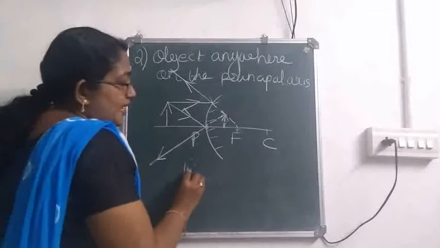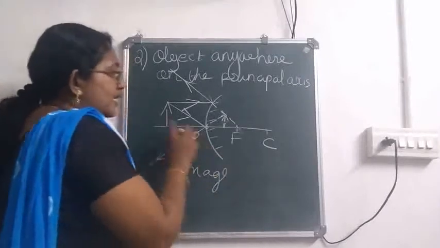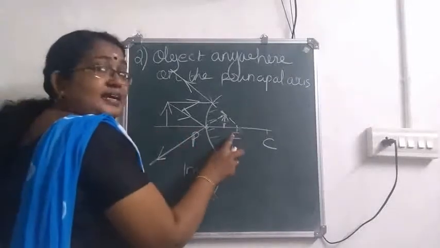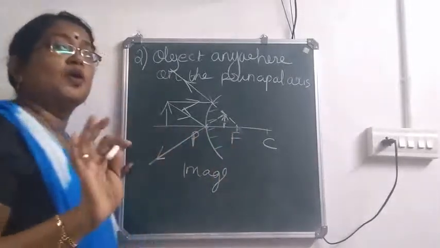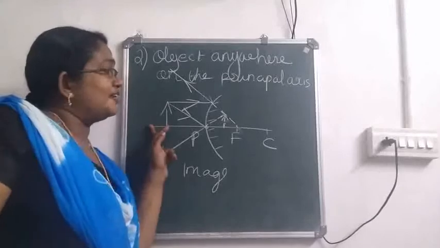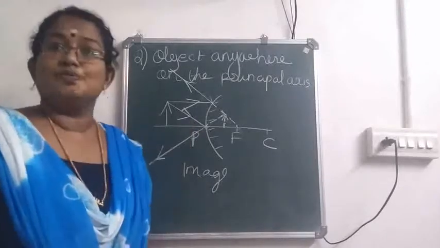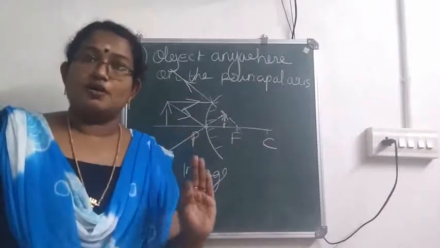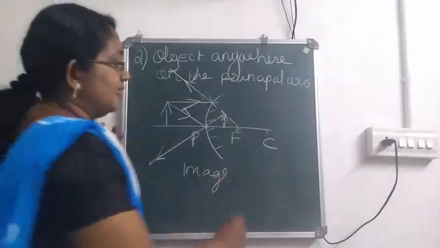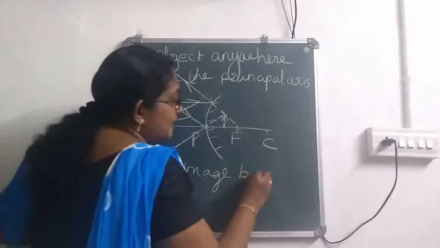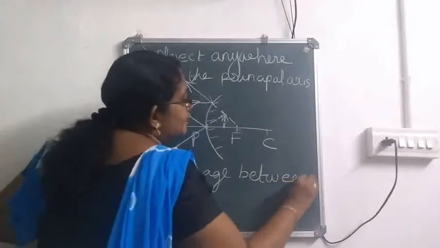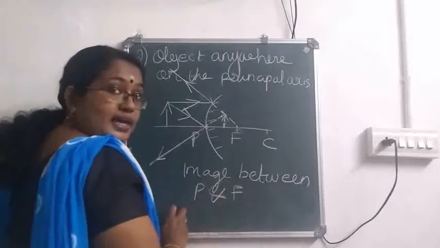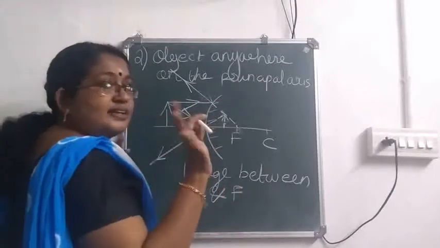So what all things can you say? If you keep the object anywhere on the principal axis, we will get the image between pole and focus. If you keep it far from the pole or closer to the pole, no matter. In all the cases, in the case of a convex mirror, we will get the image between P and F. And here also the rays after reflection won't meet.